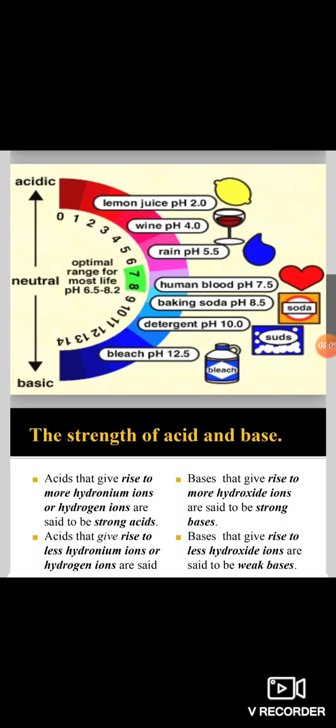And 1 ml of sodium hydroxide, the color of pH paper is violet, its pH value is 14, and it is said to be a strong base.